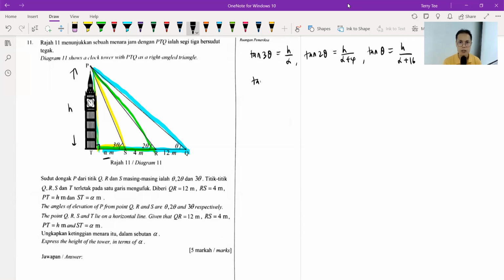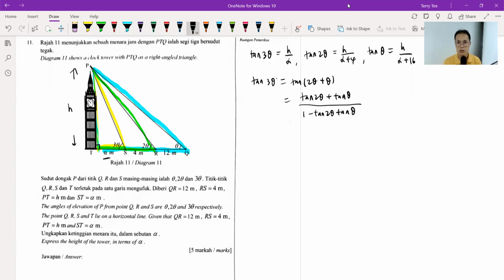Now from the addition formula, tangent 3 theta we can break up into tangent of 2 theta plus theta. When you expand this, it is tangent 2 theta plus tangent theta, divided by 1 minus tangent 2 theta tangent theta.